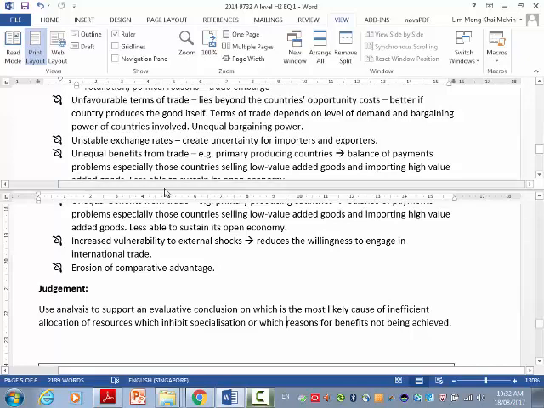Any questions? So then the evaluation is based on what? Based on whichever point you have. It's for you to come up with your own judgment. Because there's so many points, you can choose any.